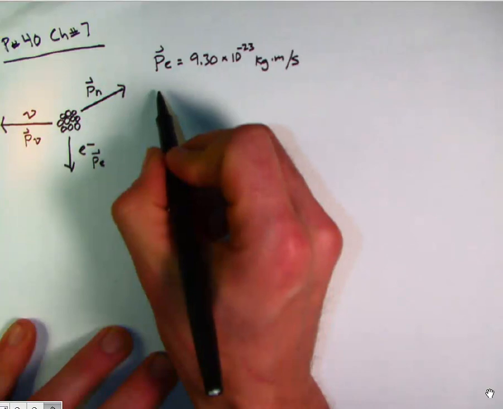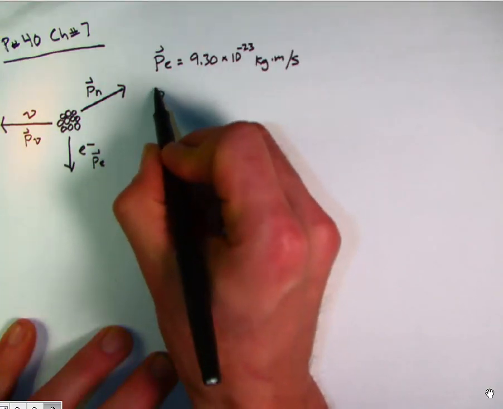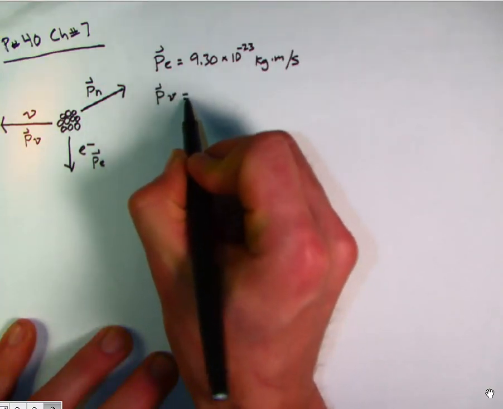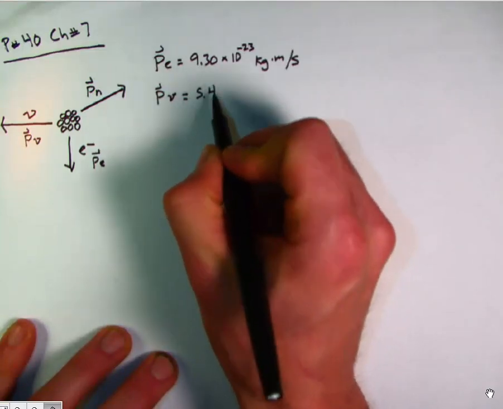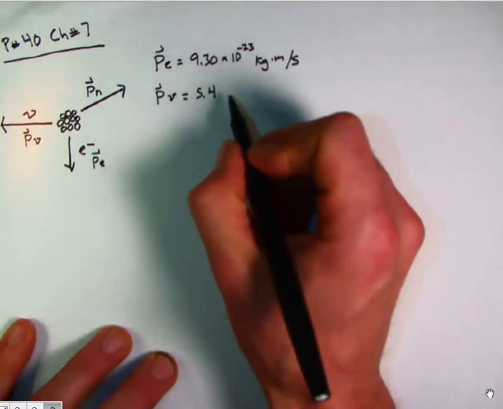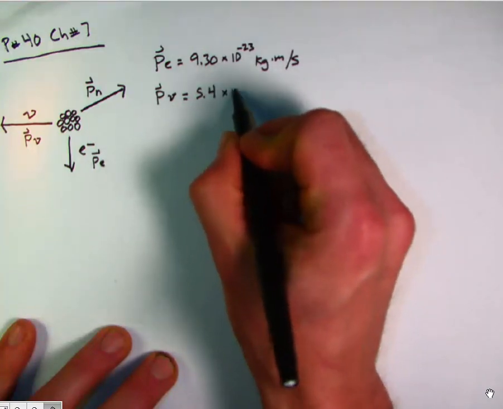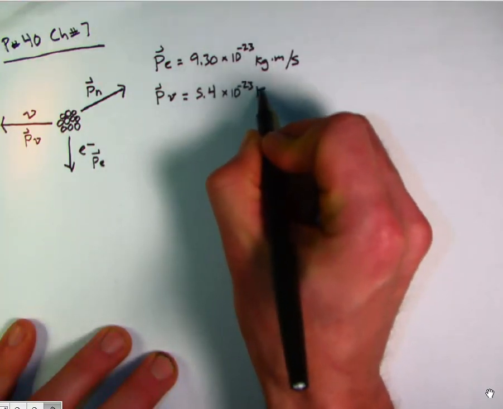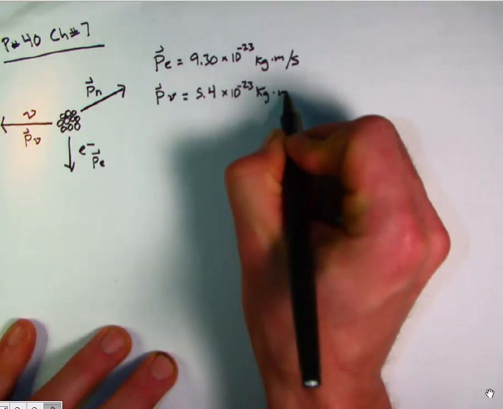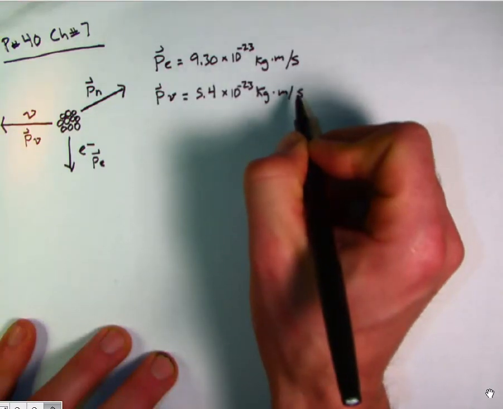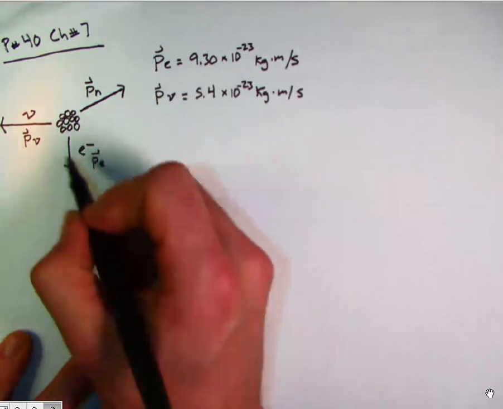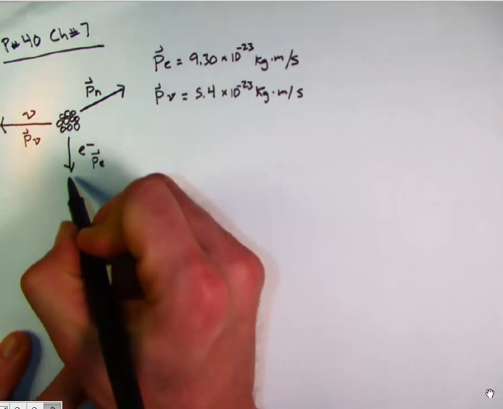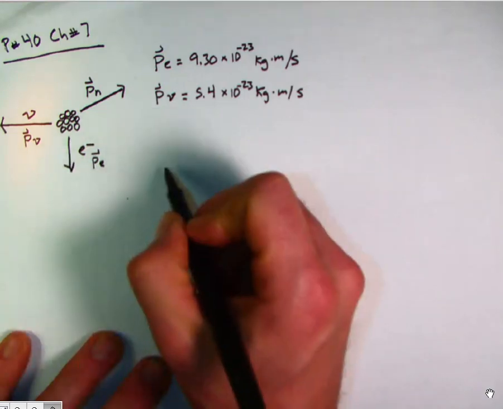And it also says that the momentum of the neutrino is 5.4 times 10 to the minus 23rd kilograms times meters per second. I kind of have these drawn a little backwards. My electron vector should be a little longer here.